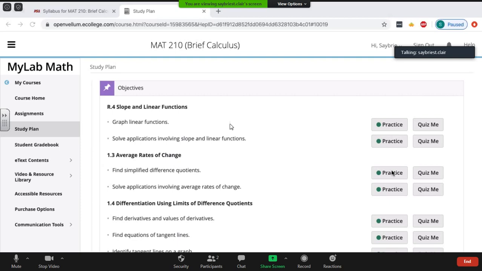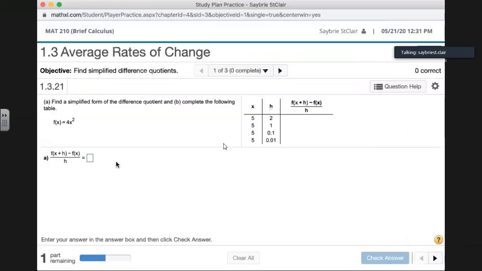Oh no, I'm only looking at that view of your courses still. So function of x plus h minus the function of x over h. Wow, look at this.